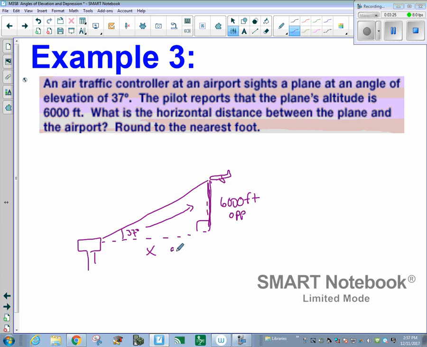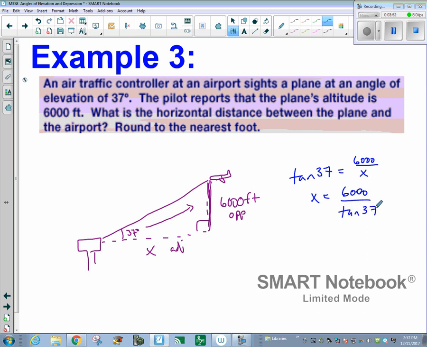So which trig function uses opposite and adjacent? Well, that's tangent. So the tangent of 37 degrees will equal the opposite over the adjacent, and that adjacent is the horizontal distance. To solve this, I'm going to flip-flop these places, so x will equal 6,000 divided by the tangent of 37.